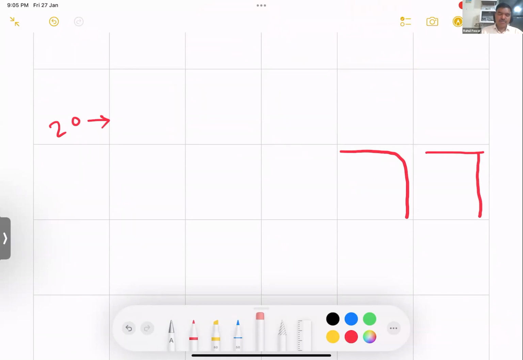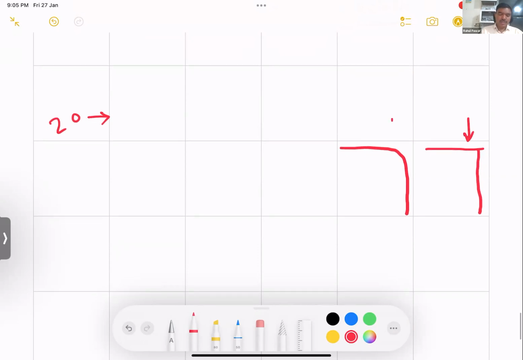So Dalet and Resh are very confusing. Dalet has a 90-degree right angle over here, but Resh has a curve over here.